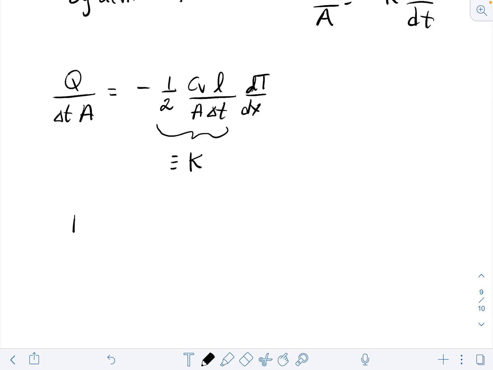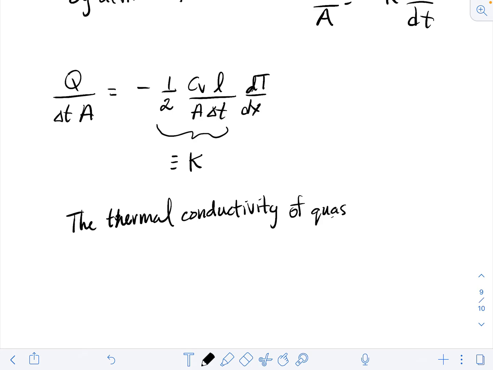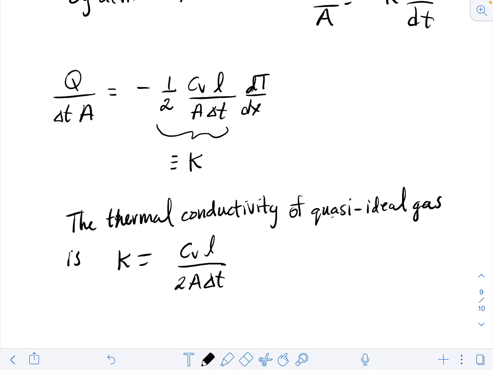And so the thermal conductivity of our quasi-ideal gas is kappa, about equal to the heat capacity times the mean free path divided by 2 times area times delta T.